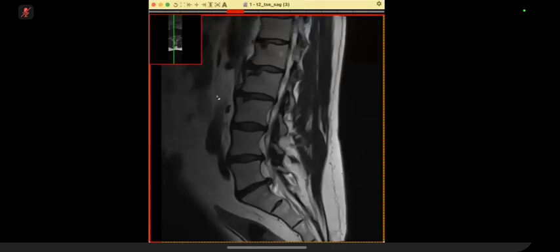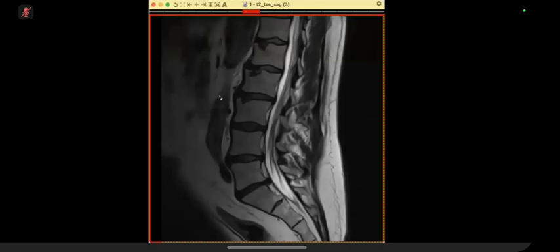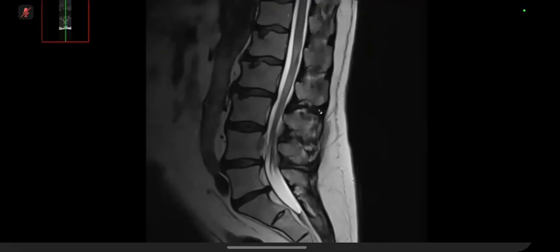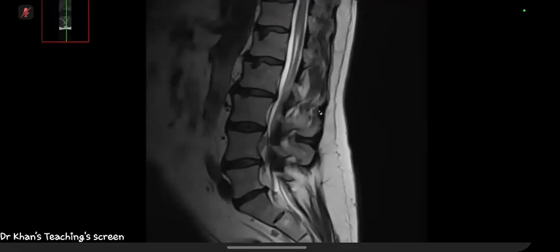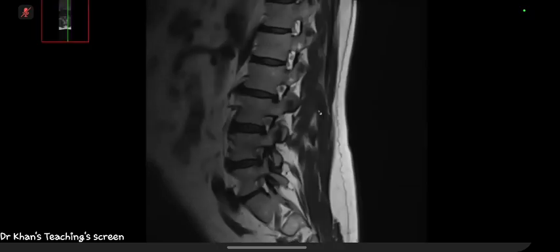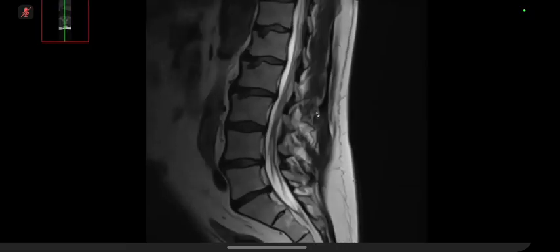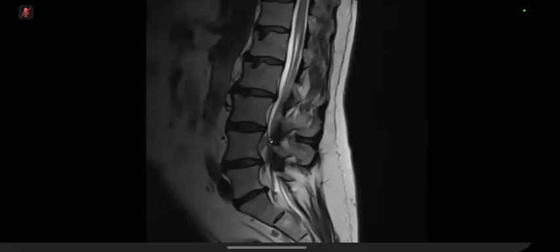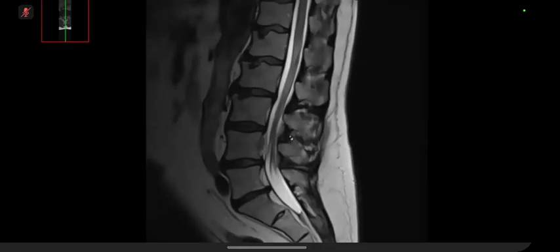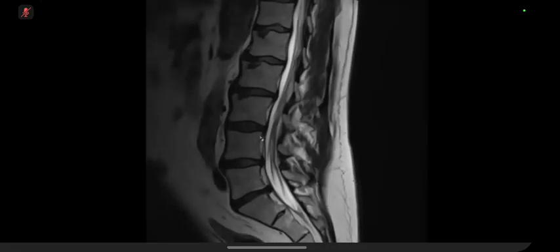Now, we began with the T2 weighted sequence, and the candidate did very well, immediately picked up something. And I was impressed by that because many people do not, because they haven't got a protocol. And if you see here, just concentrate on the level of the pedicle versus the other levels which I have pointed out.